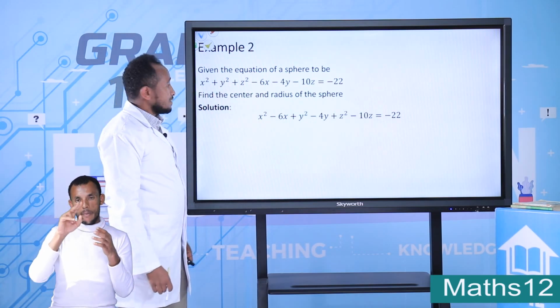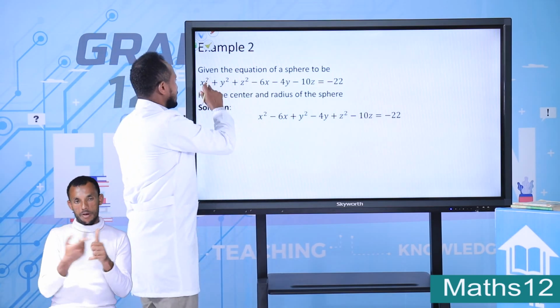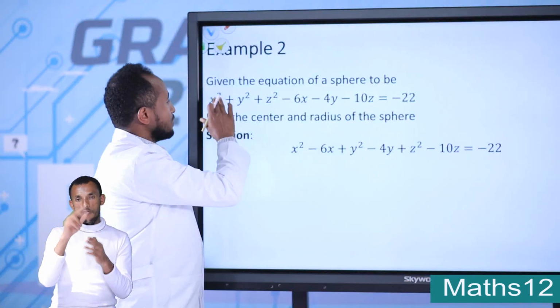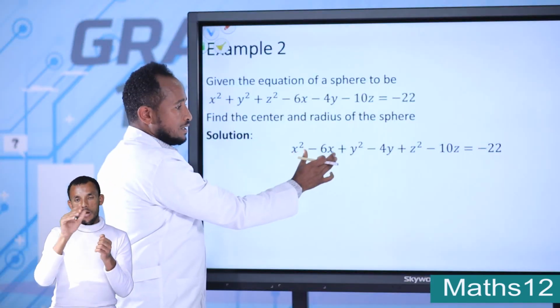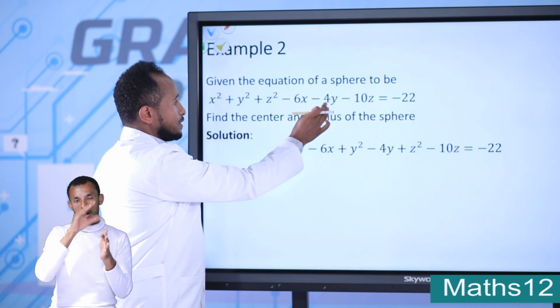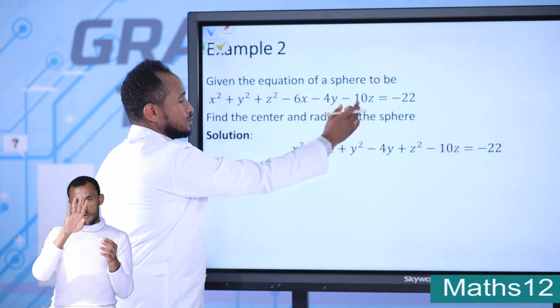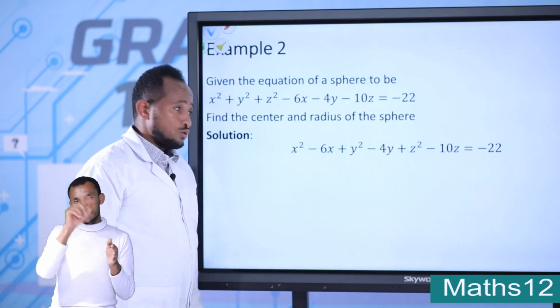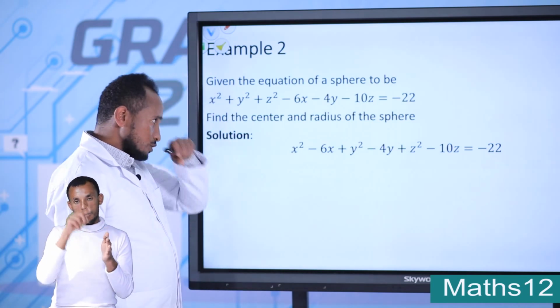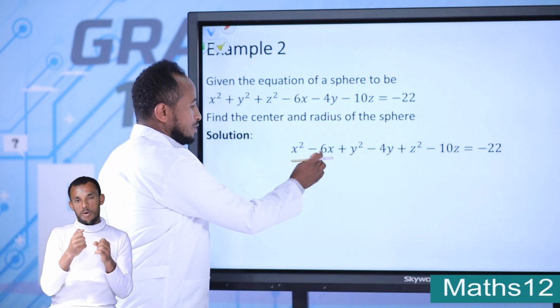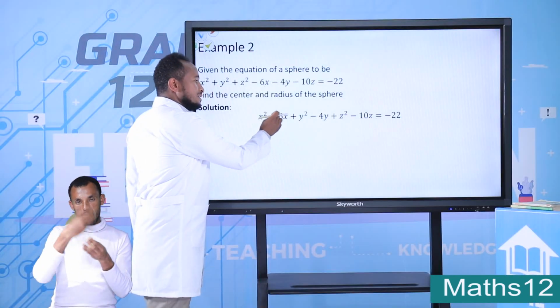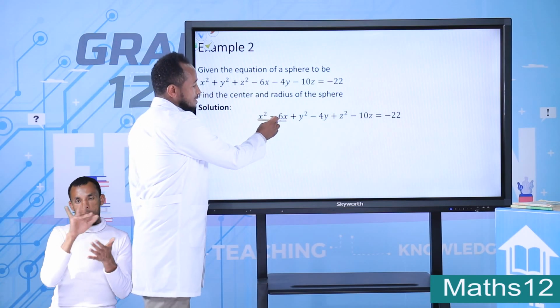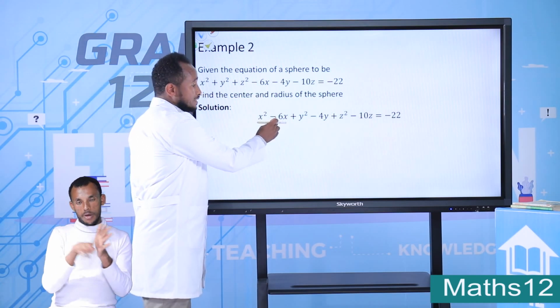First, arrange the variables together: x squared minus 6x plus y squared minus 4y plus z squared minus 10z is equal to negative 22. To apply the completing square technique, you add half of the middle term squared. The middle term is minus 6.